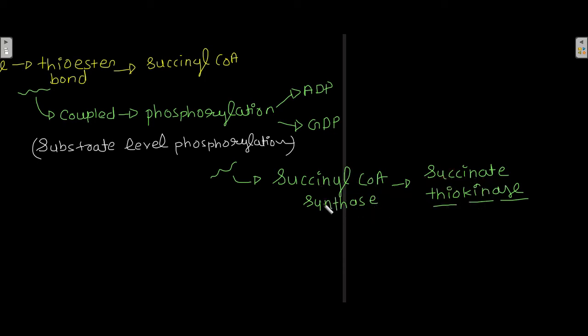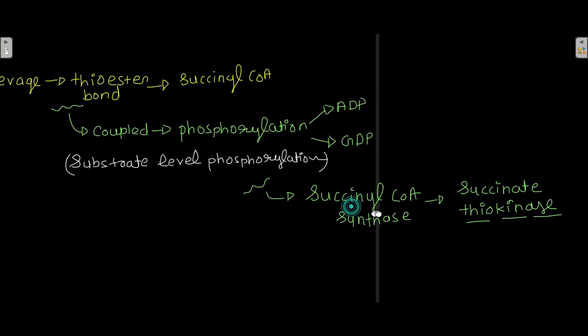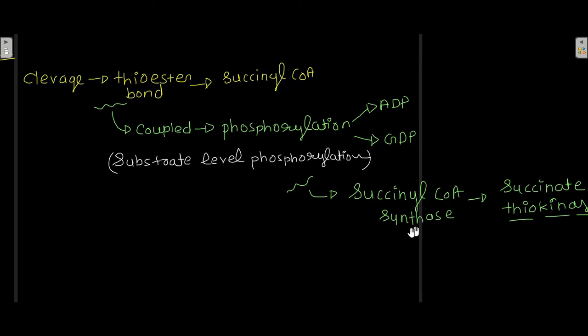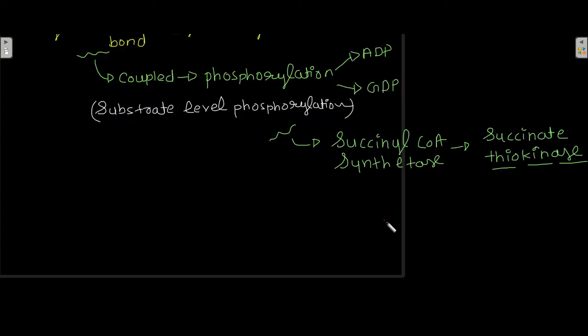Okay, so succinyl coenzyme A synthase is causing the cleavage of the thioester bond of succinyl coenzyme A. So I made a small mistake there. I called it synthase where it is synthetase. Okay, so succinyl coenzyme A synthetase is catalyzing this step 5 of the Krebs cycle.